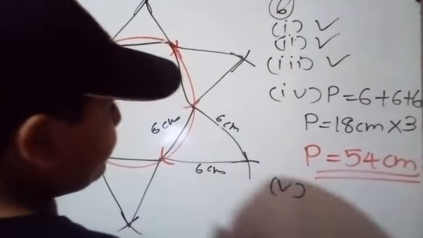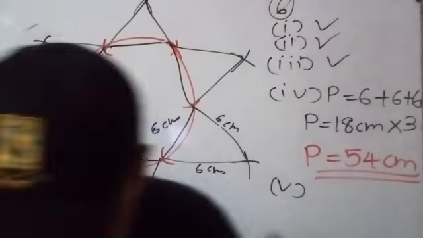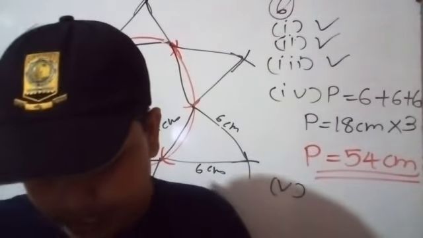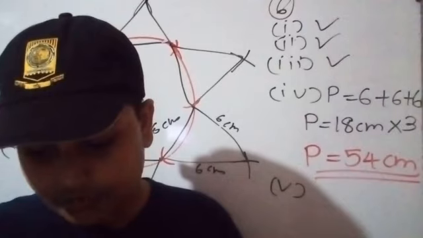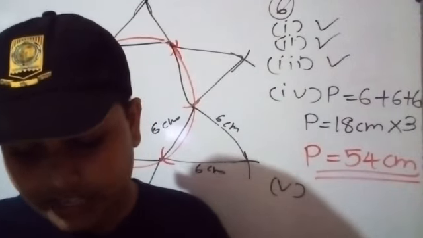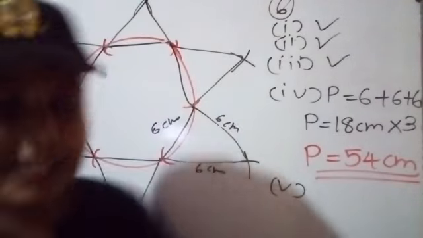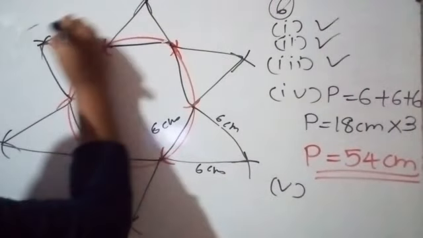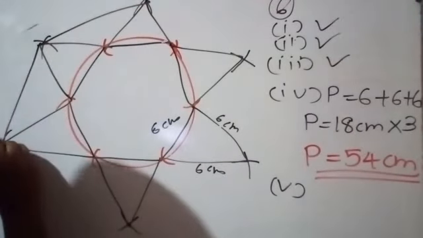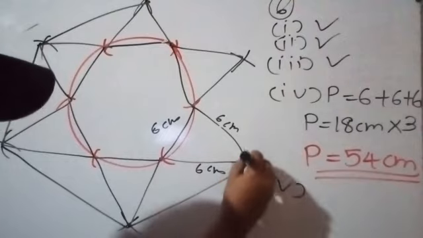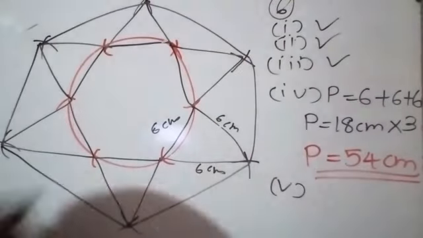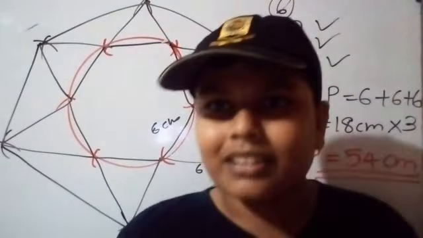Now what is the fifth one? Let's do the fifth question. What is the shape you get when you connect the vertices of the 6 equilateral triangles that do not lie on the original hexagon? That means connect these points like this. So now you have what?